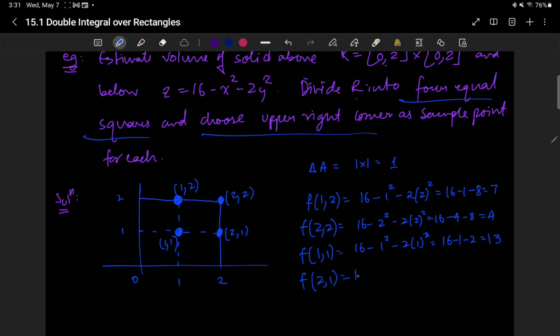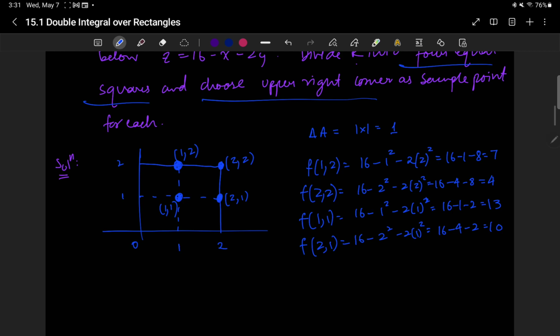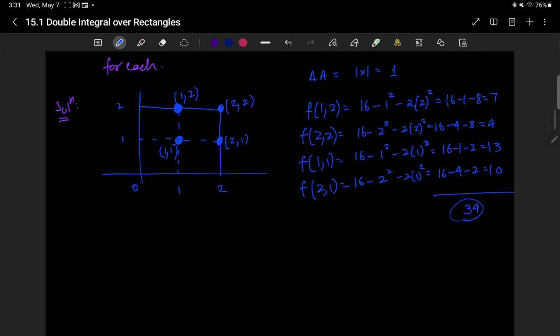And f of 2 comma 1 is 16 minus 2 squared minus 2 times 1 squared. 16 minus 4 minus 2 is 10. And so if we add them all up, we get 34, which is the approximate volume.